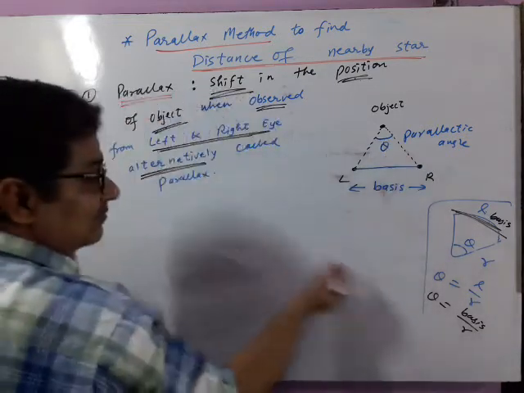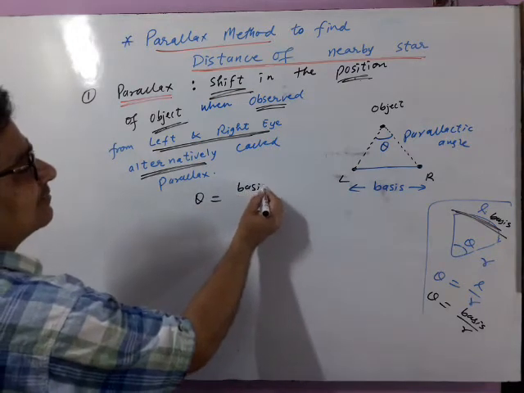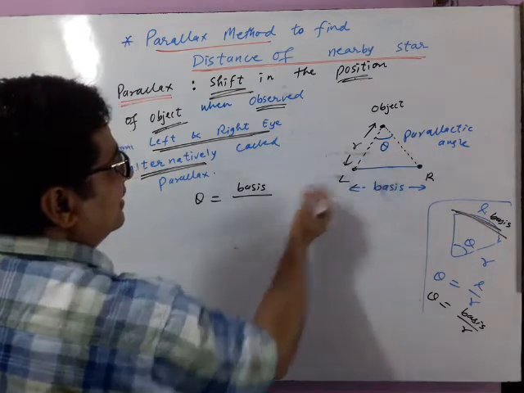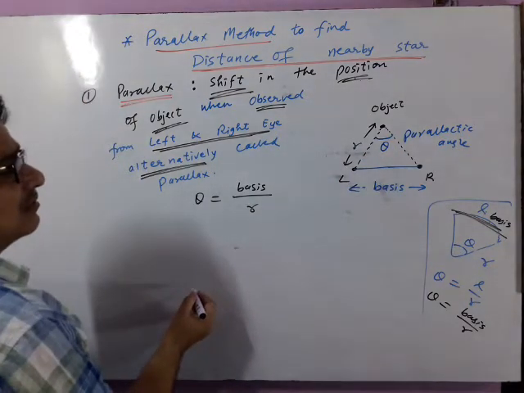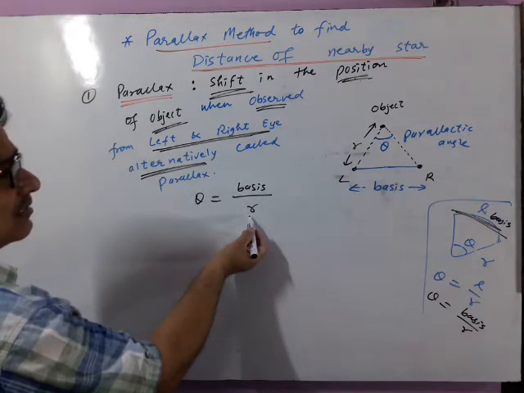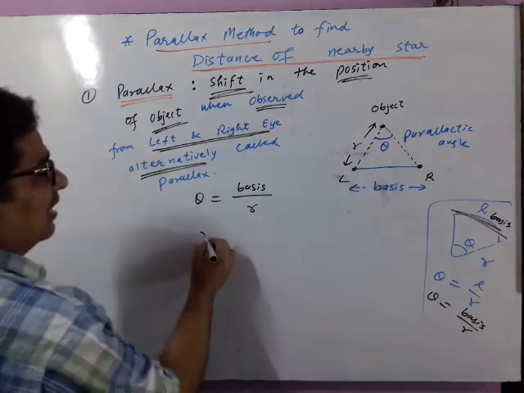So what is the formula? From this, theta will be basis upon this distance. Let us say it is r. Same, angle is length of the arc upon radius. So what are you finding? Let us say you are finding this distance r.